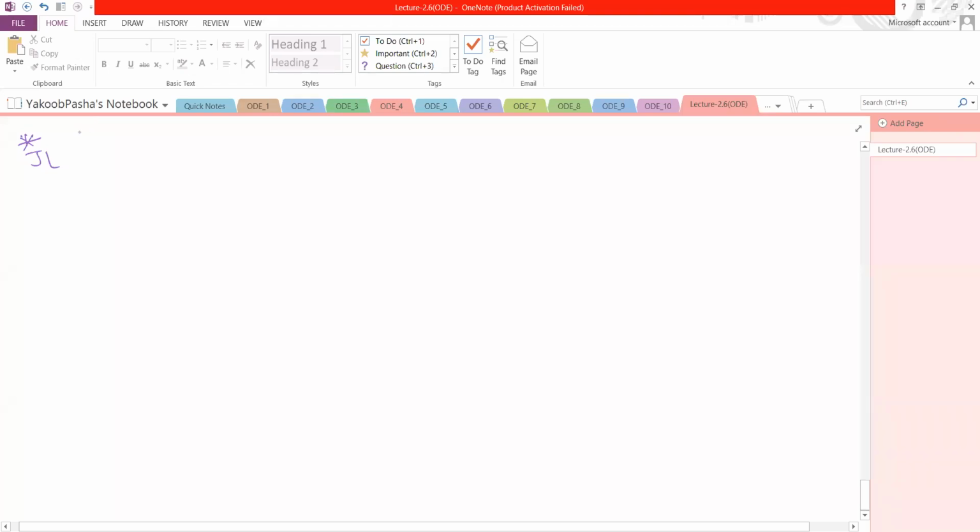The solution of x plus 2y cube, into dy by dx, is y. Now, if we take x plus 2y cube outside, we get dy by dx equals y by x plus 2y cube.